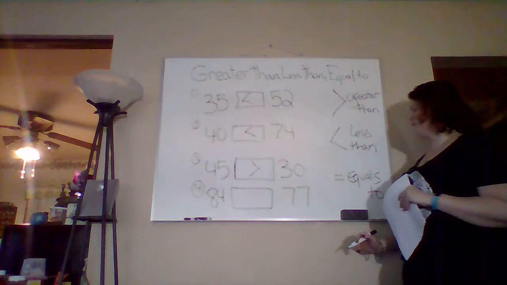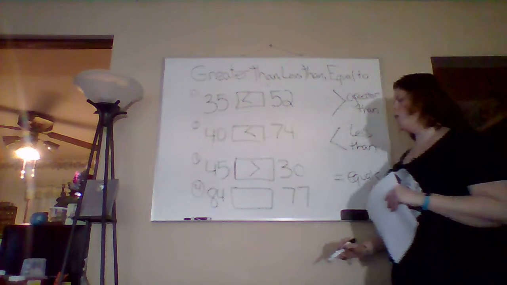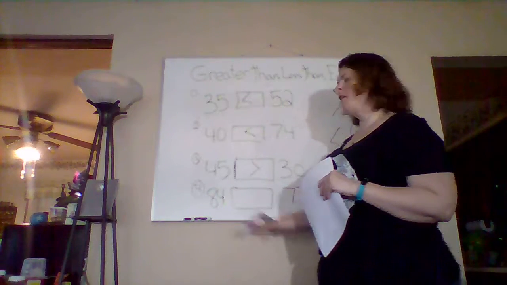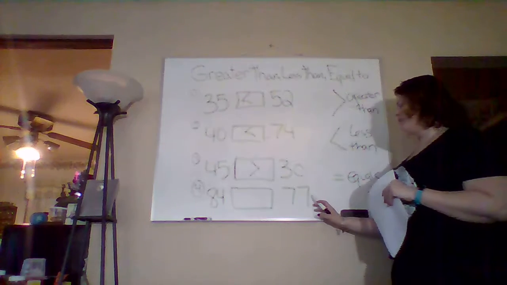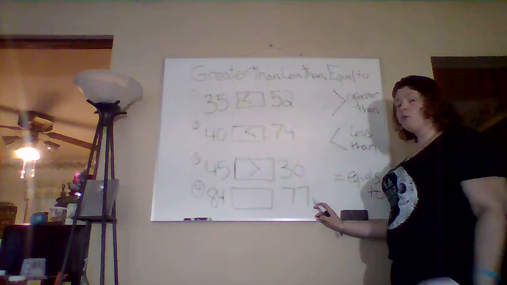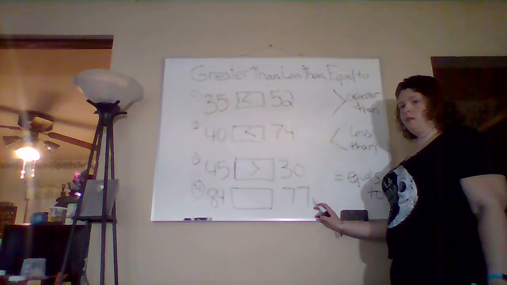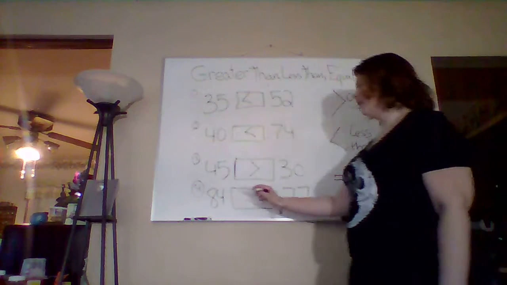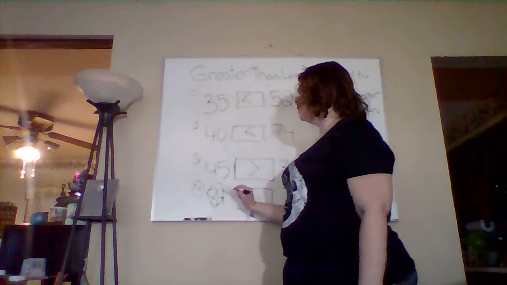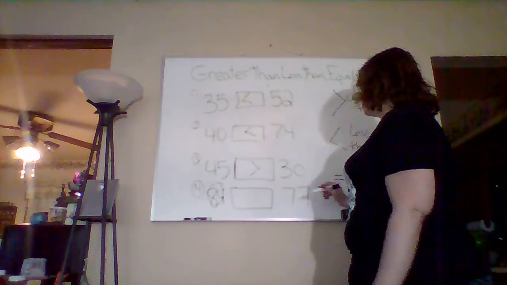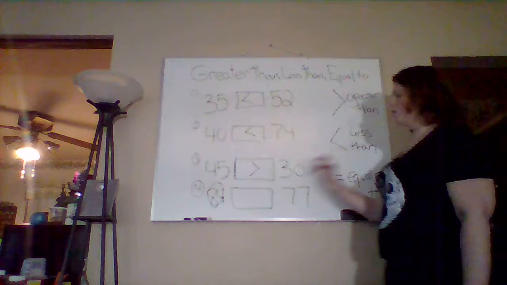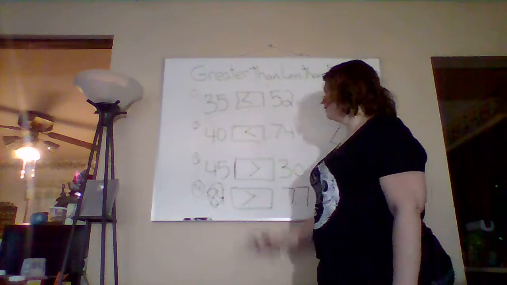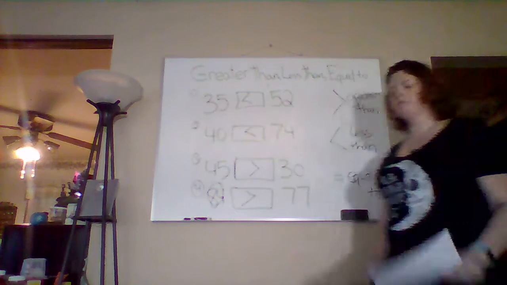The equals to? Not quite. If Samantha has 84 pieces of candy and George has 77 pieces of candy, who has more candy? Samantha. Right, Samantha would have more candy. So if Samantha has more candy, they wouldn't be equal, it would be greater than. Yeah. Good job.